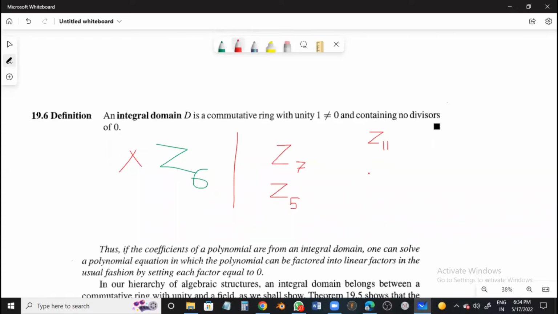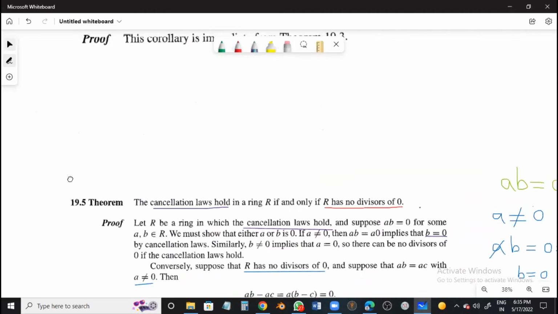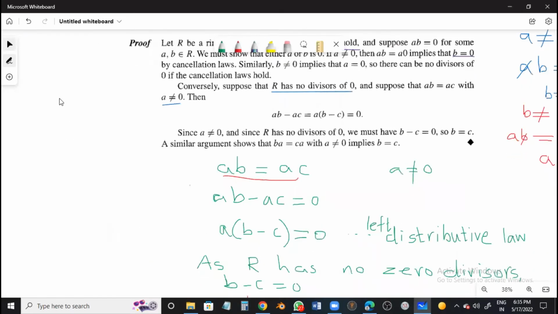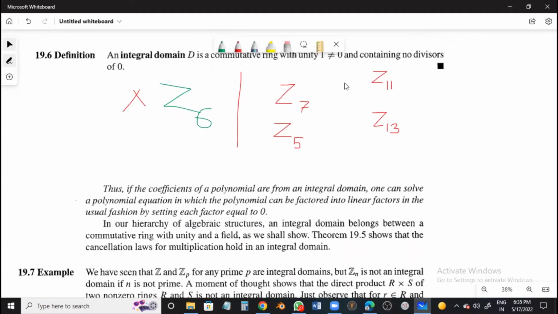Not odd integers, I'm just taking primes. And just now you have seen if P is prime, then ZP has no divisors of 0. Got it? If P is prime, ZP has no divisors of 0, meaning if P is prime, ZP is an integral domain. Got it?